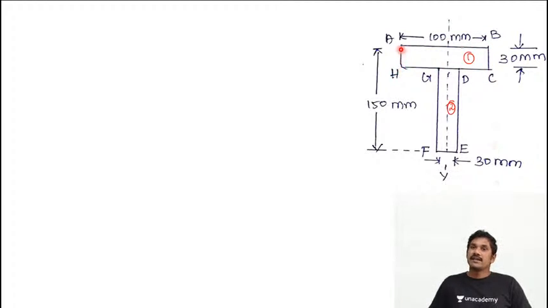Rectangle 1 means ABCH. Rectangle 2 means EFGD.